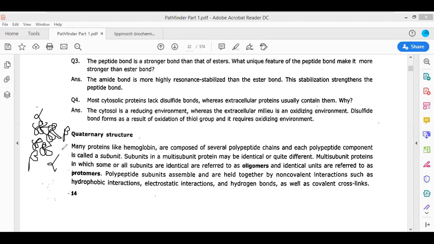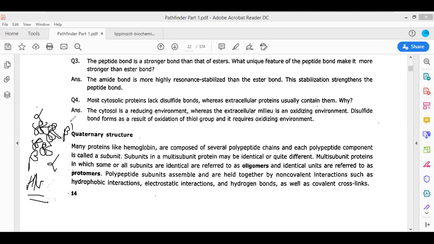What you get is two alpha chains and two beta chains, leading to the formation of a molecule referred to as hemoglobin. This is hemoglobin which is being produced. The beta chain has 146 amino acid residues. The alpha chain has 141 amino acid residues.